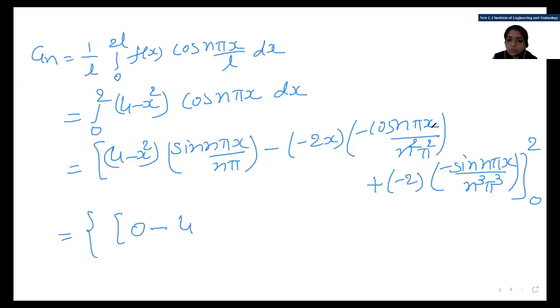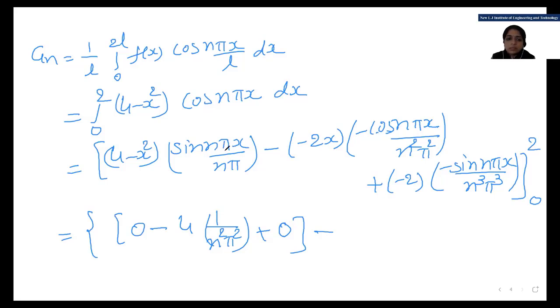And if I put 2 here, that is cos 2n pi, and cos even pi is always 1. So 1 upon n square pi square, right? Now minus minus plus, sine 2n pi is again 0. So this is the value of the upper limit.